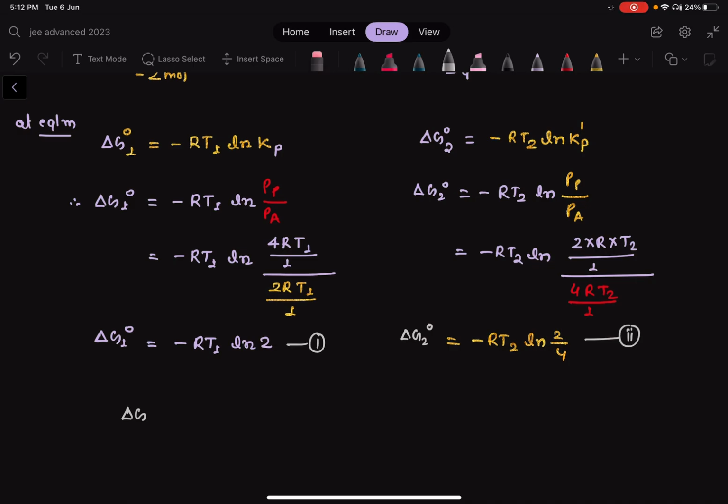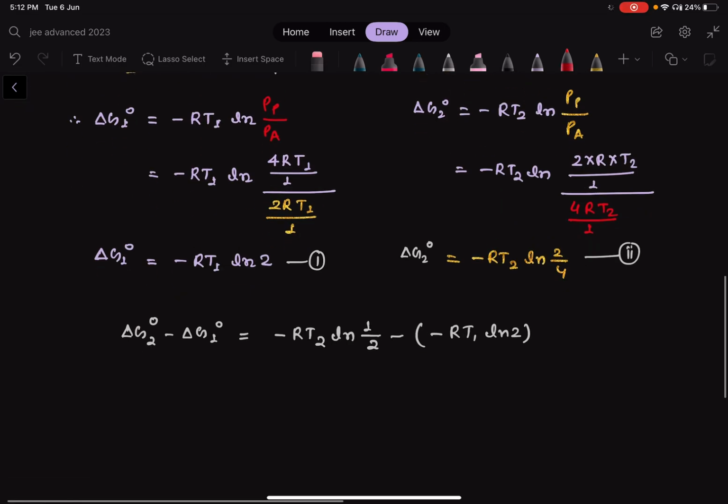If you subtract both of them, then you'll get the required thing. So delta G2 naught minus delta G1 naught is equal to RT2 ln 1 by 2 minus RT1 ln 2 itself. And this we can write as RT2 ln 2 plus RT1 ln 2.